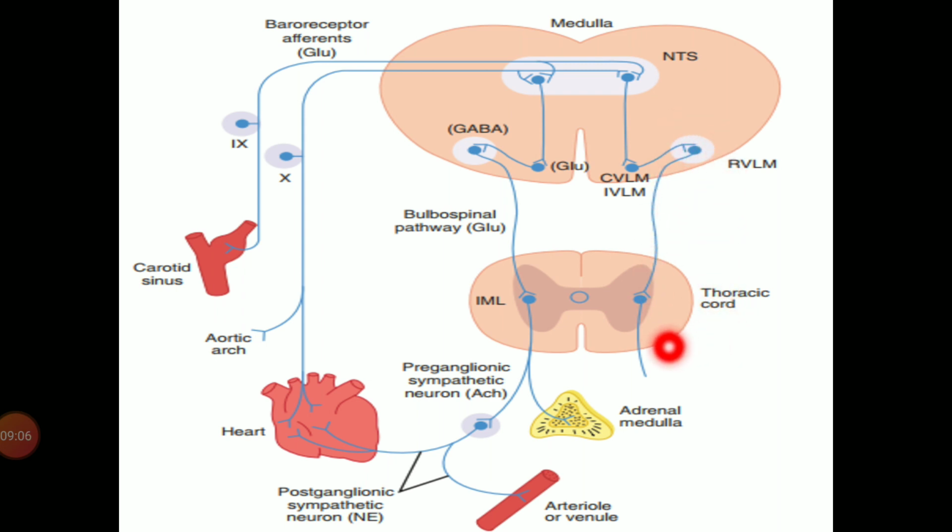In both ways, they decrease the blood pressure towards the normal range. So here the baroreceptor was detecting the high blood pressure inside the vessel, and the response was a decrease in blood pressure towards the normal range.